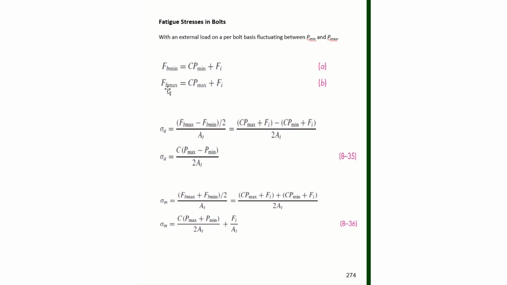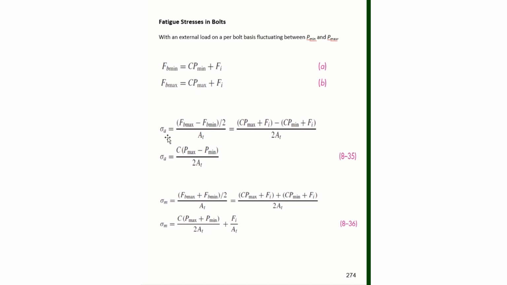And the maximum force in the bolt would be C times P max, where P max is the maximum externally applied load, plus Fi. You can see here how this joint stiffness, which is usually significantly less than 1, reduces the overall P that is applied to the force in the bolt.